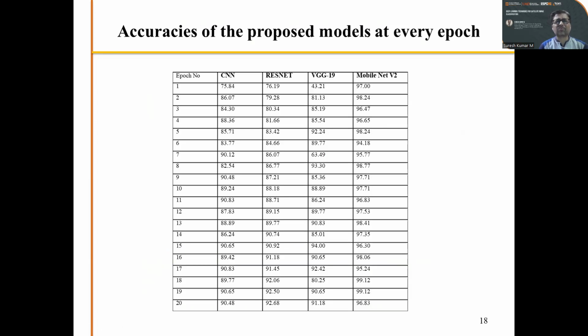And these are the accuracies of the proposed models. We can see here CNN initially accuracy 75, it increased to 90. In the ResNet also initially 76, it increased to 92, and in VGG it was 43, it increased to 91. But in MobileNet V2 initially it was 97, it is 96.83, which means there is no consistent increase of accuracy in the case of the MobileNet V2 model.